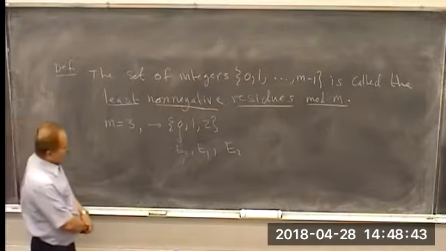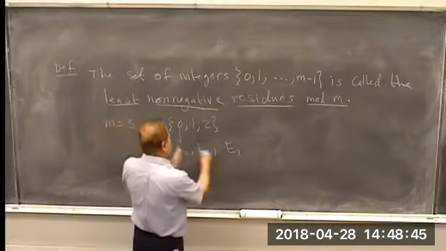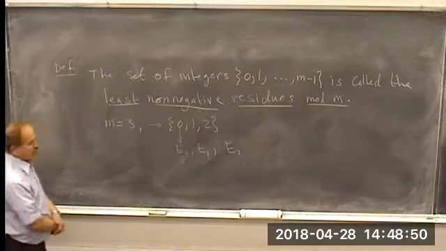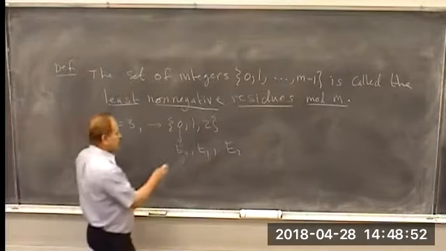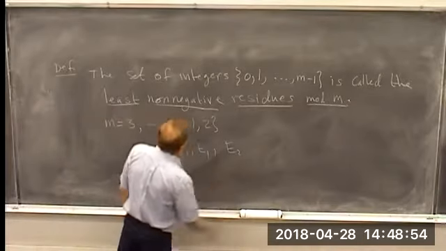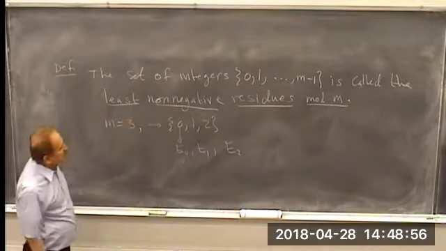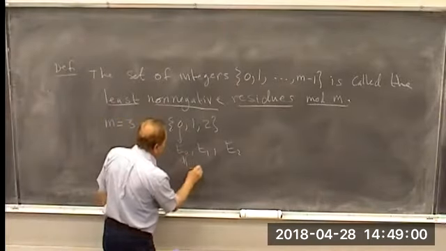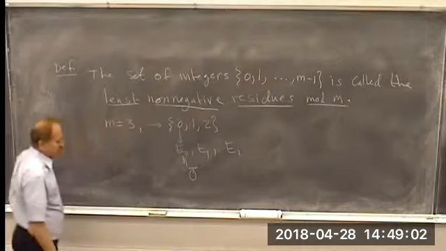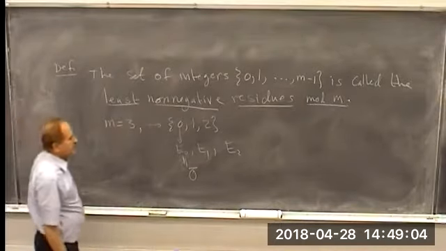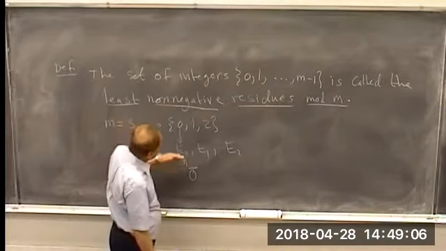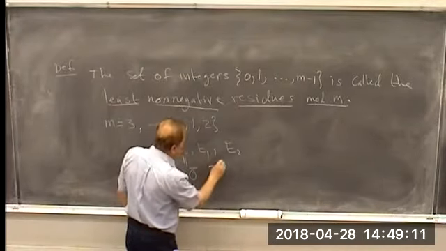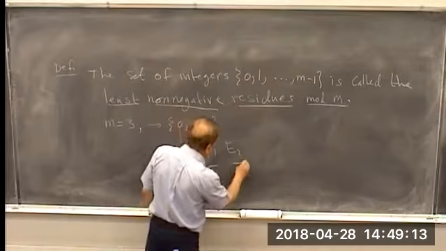Now, we know that the union of these, of course, is going to give us all of the integers. So E sub 0 is a subset, and sometimes we denote this by putting a bar over the 0. So 0 bar means the subset E sub 0. We write this one as 1 bar, and this as 2 bar.